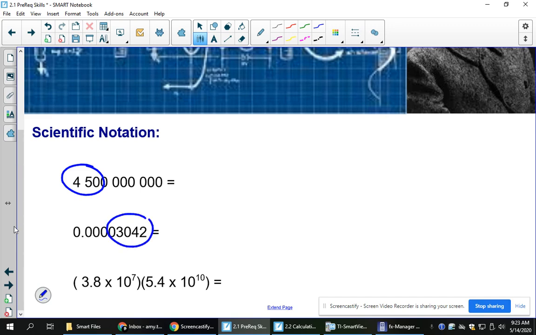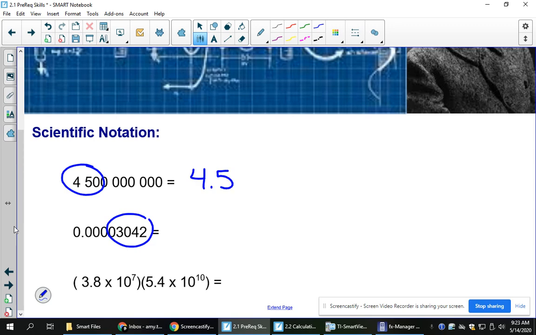Locate those numbers. You are going to put a decimal in those numbers so that they're between 1 and 10. So I see a 4 and a 5. Where can I put the decimal so that I get a number between 1 and 10? Well, I could put it between the 4 and the 5 and make the number 4.5.